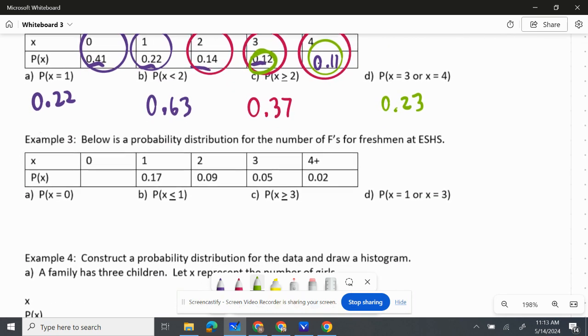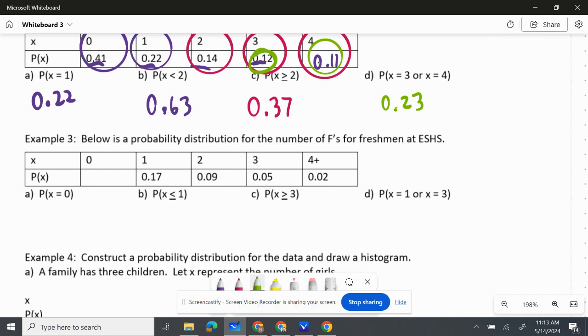So with this next one, we're first going to fill in the probability for 0. So we add up each of the probabilities and subtract it from 1, and that gives us 0.67. So the probability of 0 would be 0.67. Less than or equal to 1 includes both of these, so that would be 0.84.